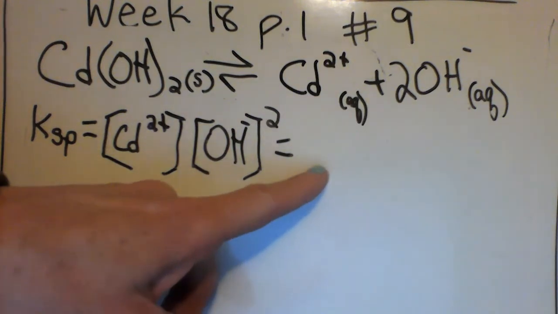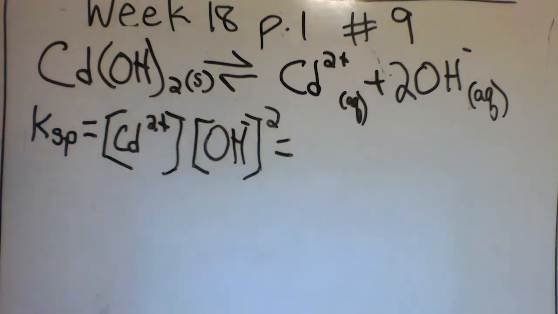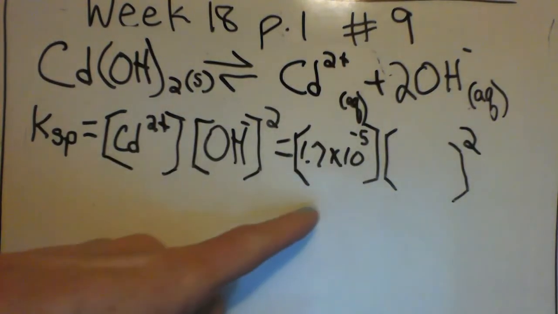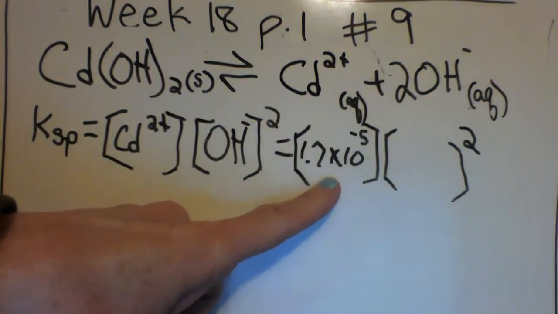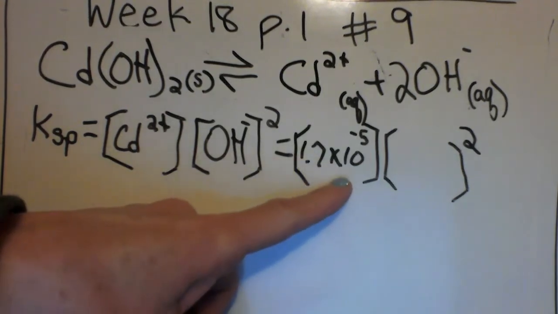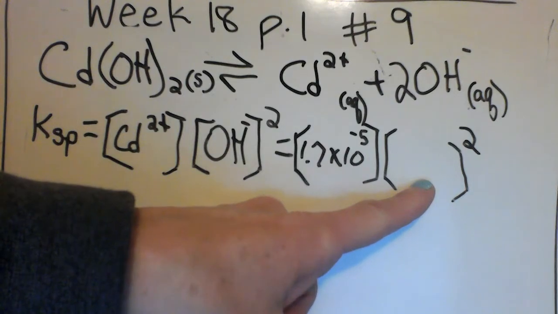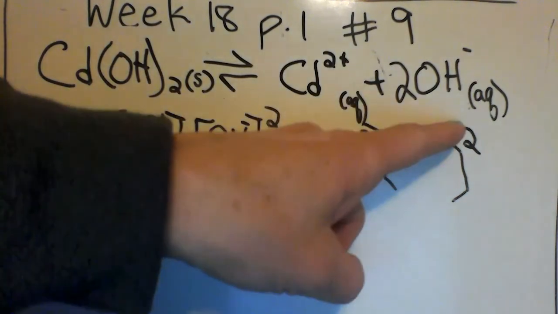Now we're going to put the actual numbers into this equation. Now the problem told us that the concentration of cadmium is 1.7 times 10 to the -5. It hasn't told us what the concentration of hydroxide is, but we do know whatever it is going to be squared.